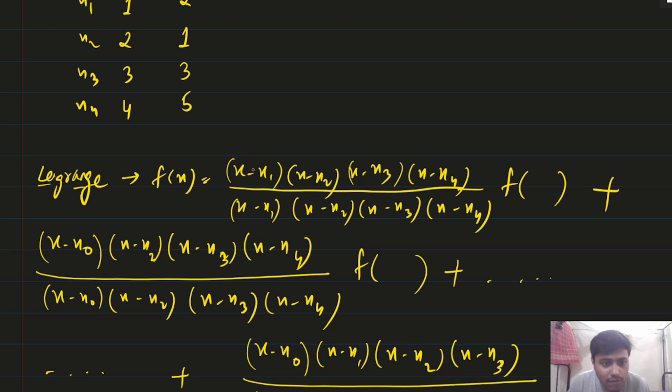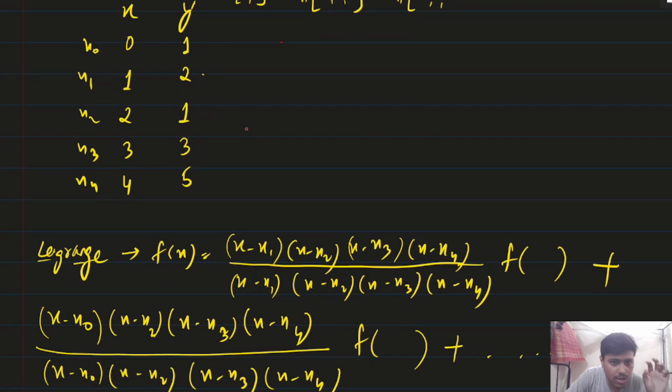See here the formula goes on like this. We will omit x0 and start from x1: x minus x1, x minus x2, x minus x3, x minus x4, and what we have omitted, x0, in the denominator we will put the value x0, and here f of x0.